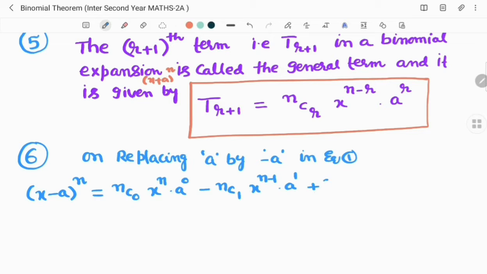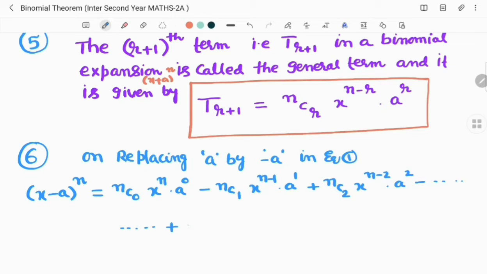Next, plus nC2 x power n minus 2 into a power 2 minus, and so on. Here, we don't know whether the rth term is positive or negative.